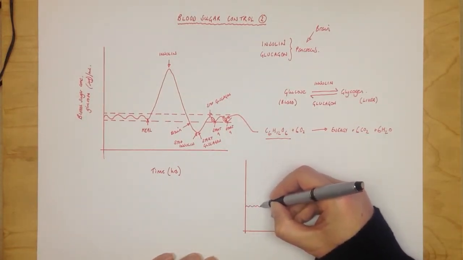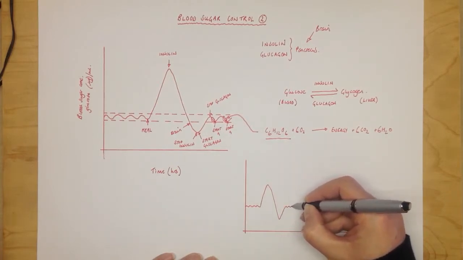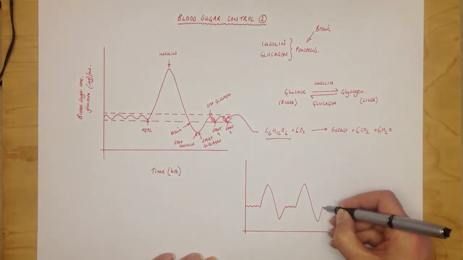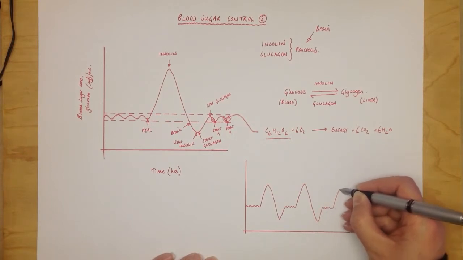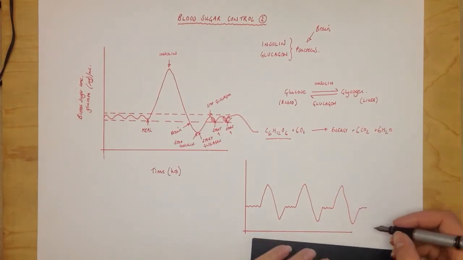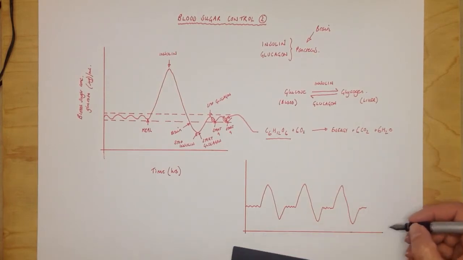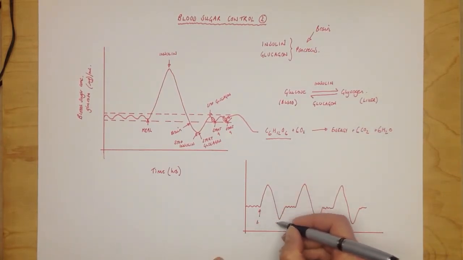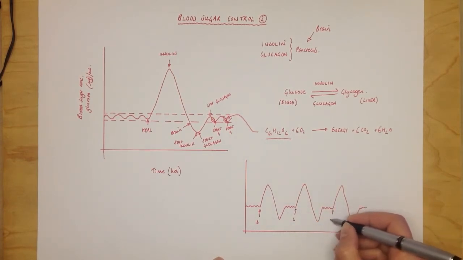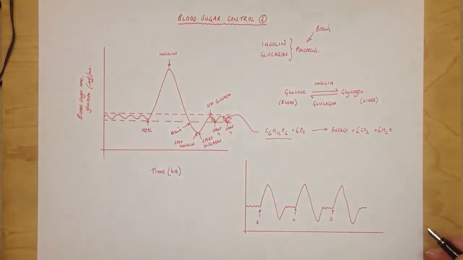You've got that little oscillation, then you have your peak, and you dip, then another oscillation, then you peak, then you dip, and then another oscillation, and a peak, and a dip. When you look at the times of these peaks, that's every time you're eating a meal. So that tends to be breakfast, that tends to be lunchtime, and that tends to be your evening meal, your dinner time. So the same change is repeated each time.